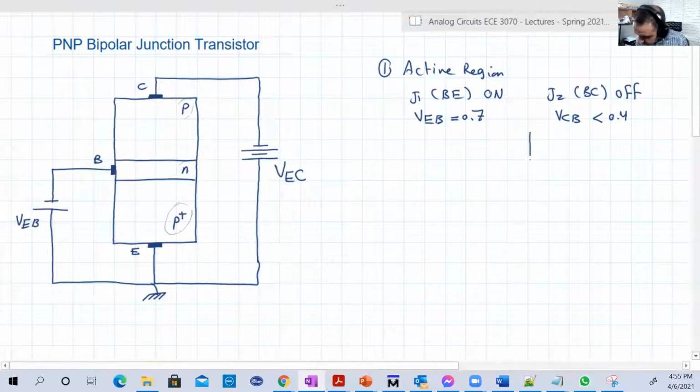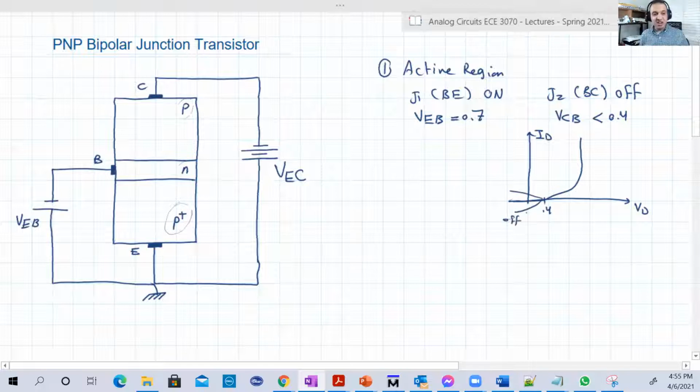Again, to remind you, the voltage and the current of any junction are related by an exponential relation. So below 0.4, it can be considered off, with the current approximately 0. Here is J1, here is J2.